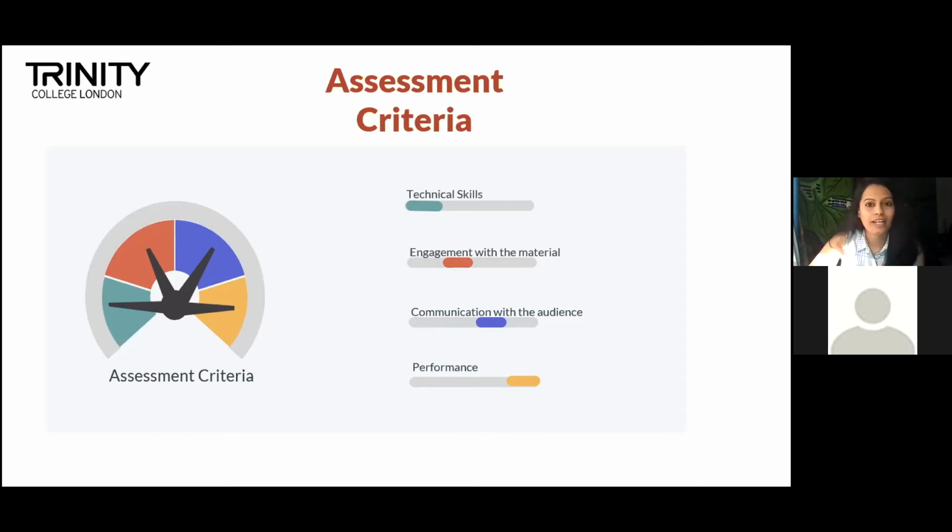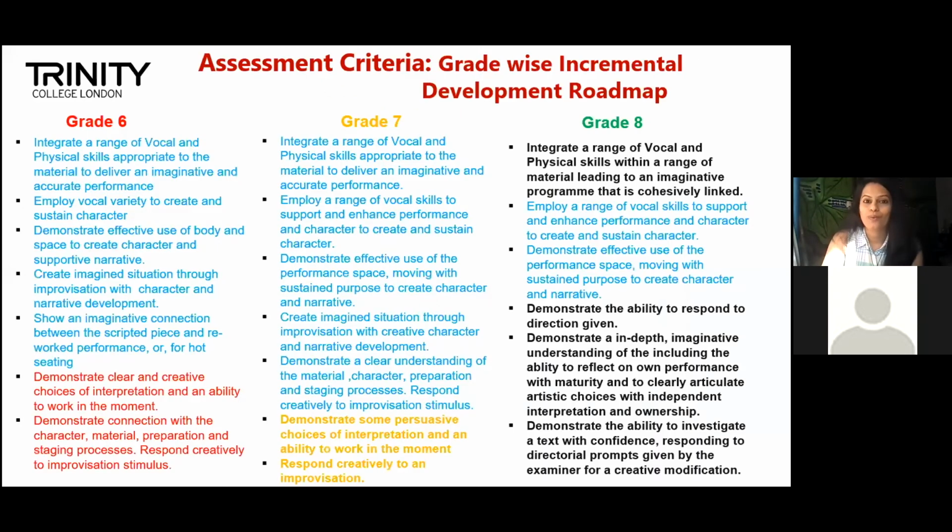And towards the end, the performance level, whether the candidate is able to give a confident performance, or is able to own the performance and bring in originality. So all these aspects have been divided into four different categories, which come under the assessment criteria. Now, okay, let's look at the details under grade 6, 7, and 8.